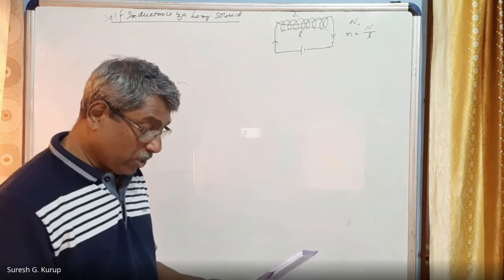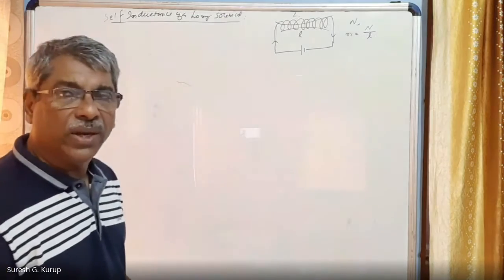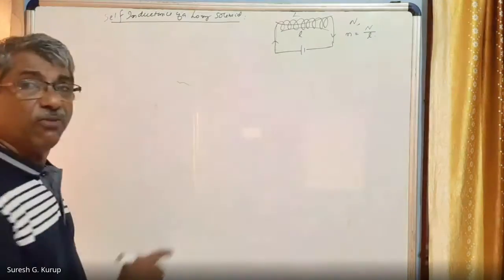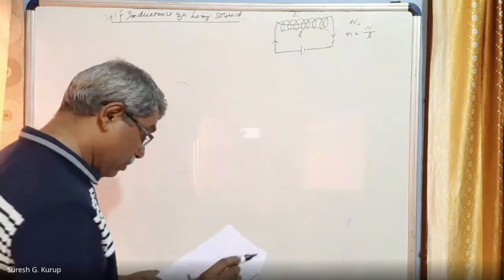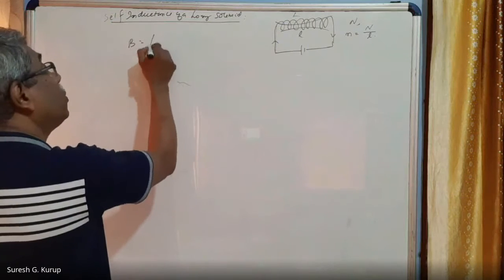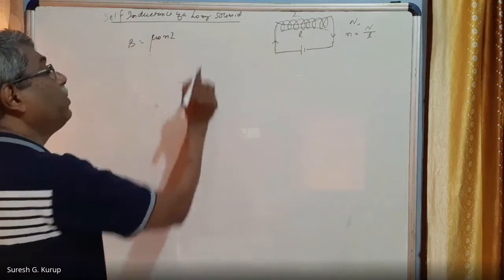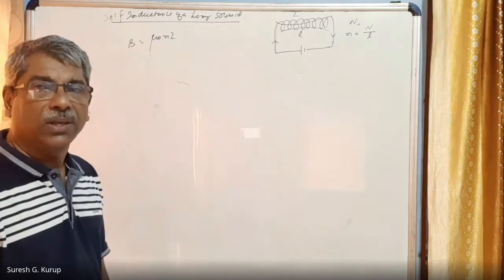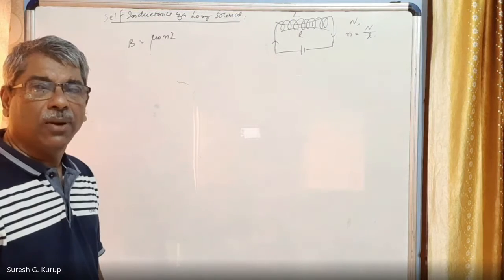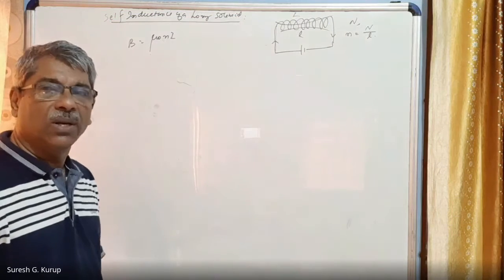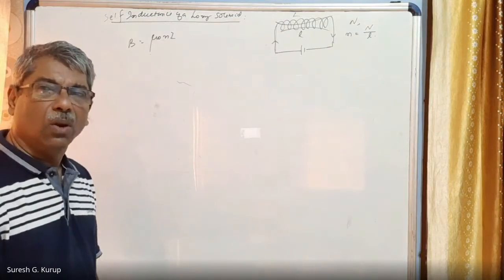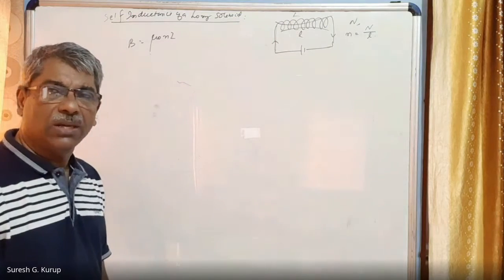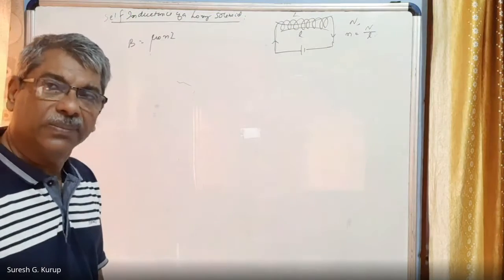When current flows through this, the flux inside the solenoid varies. At any instant, the flux density inside the solenoid is given by B is equal to mu 0 n i, we can write. Already studied when I taught you Ampere circuital theorem. There is an application of Ampere circuital theorem, where we discussed two things: one is the long solenoid, the flux density inside a solenoid when current passes through it, and the other one is the toroid.